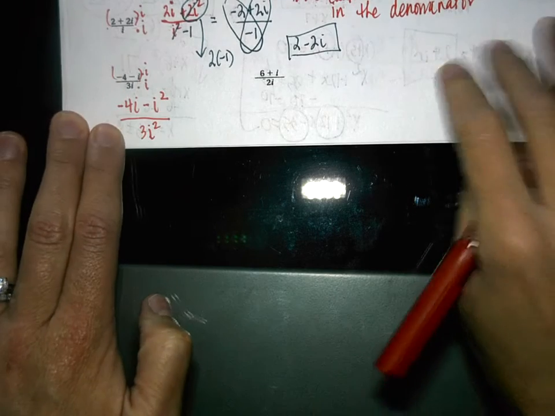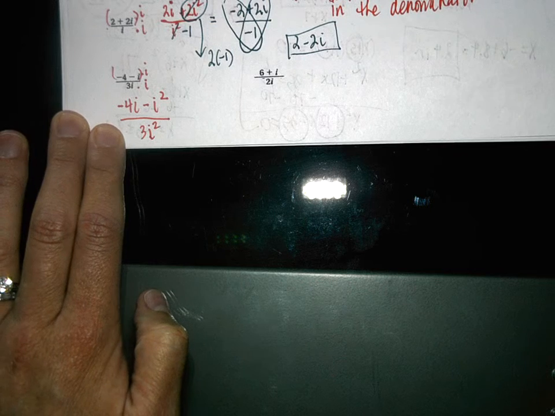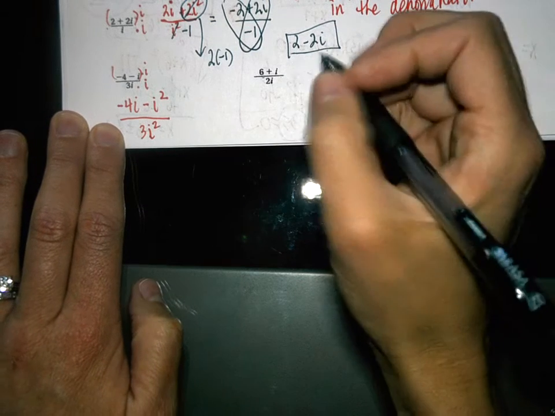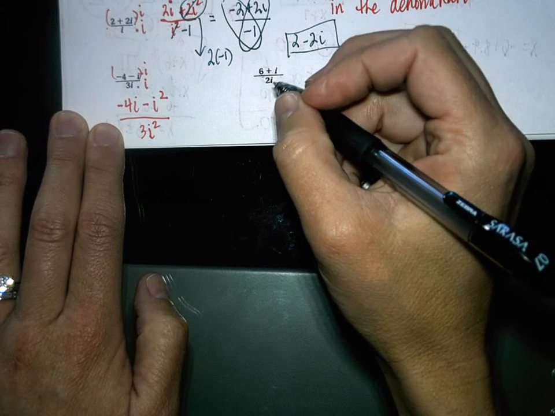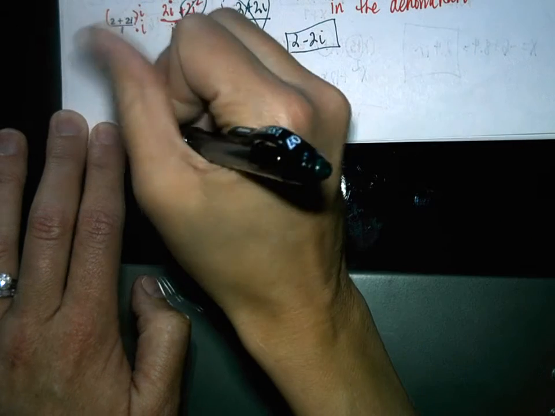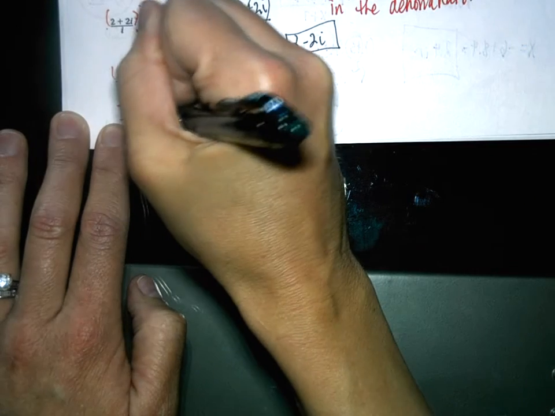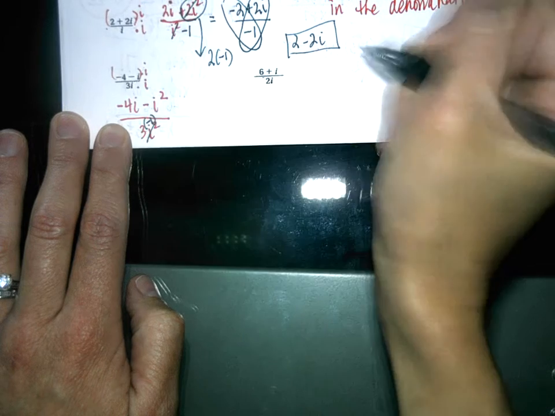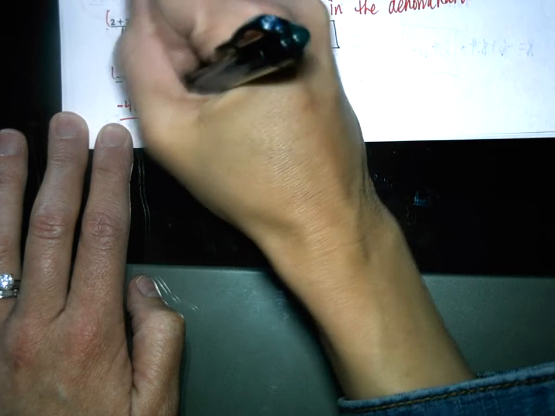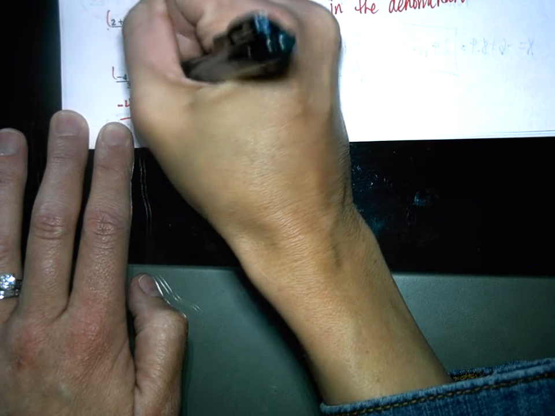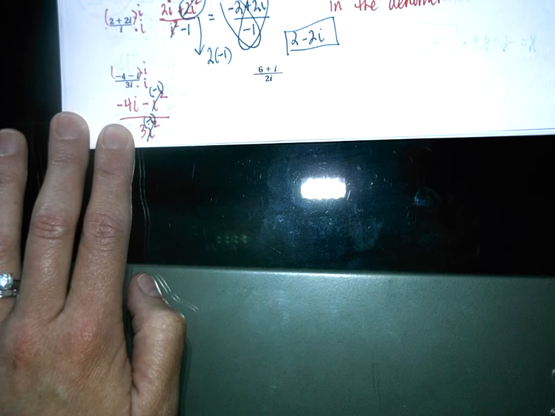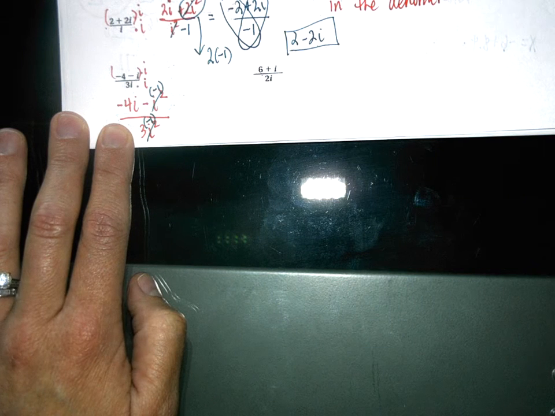Now, any i squared that we have, we know it actually represents what? Negative 1. So instead of being i squared, this is really a negative 1. I'm just going to write this out again.